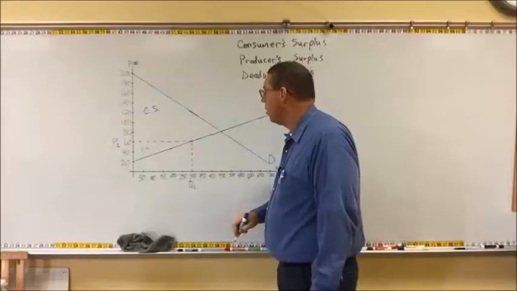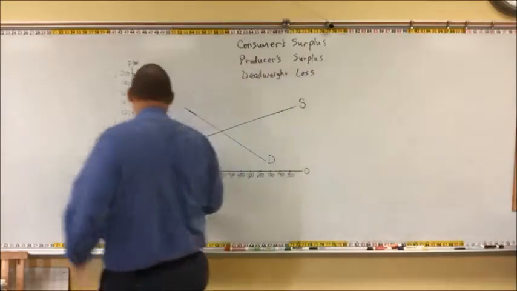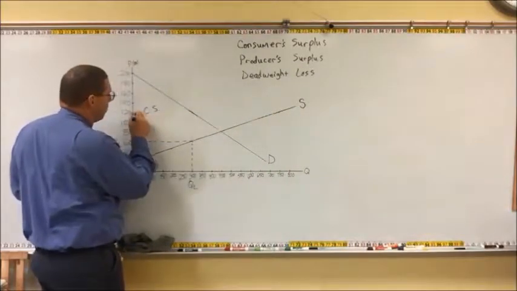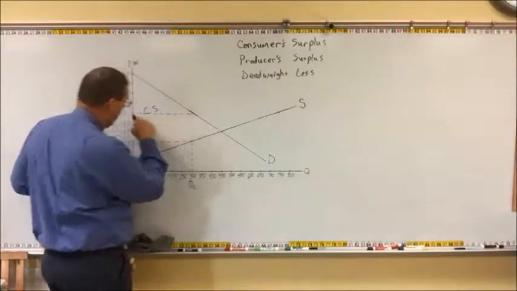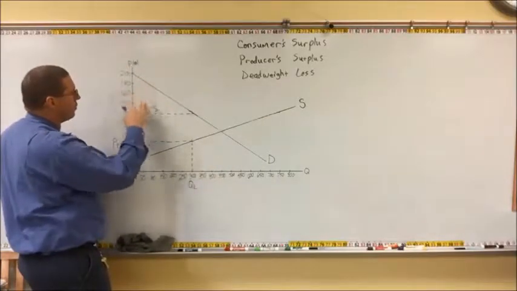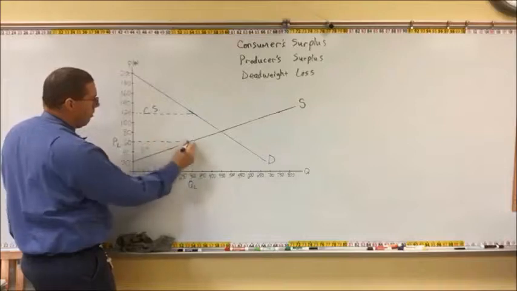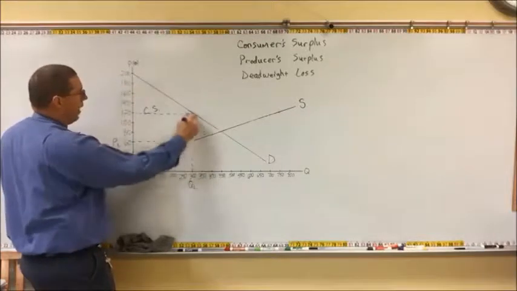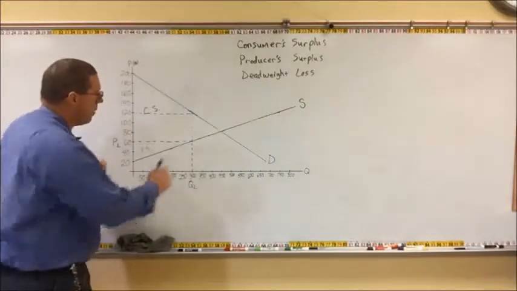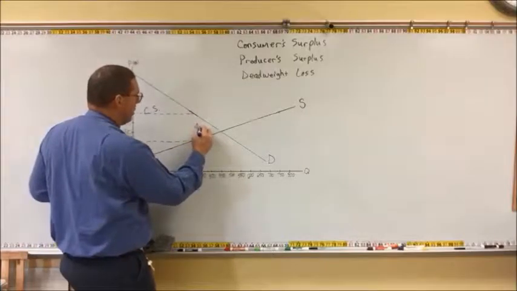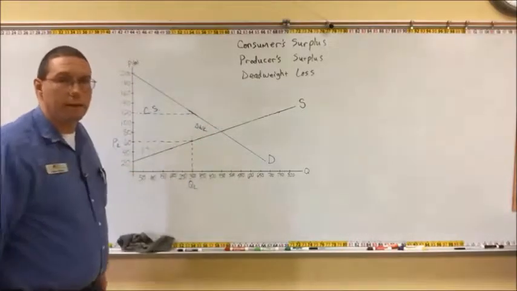So consumer surplus looks a little bit bigger. So now in order to calculate consumer surplus, we're going to need a rectangle and a triangle. So now this big trapezoidal thing, that is consumer surplus. And then this area over here, that's the deadweight loss. We'll calculate that in a little bit.